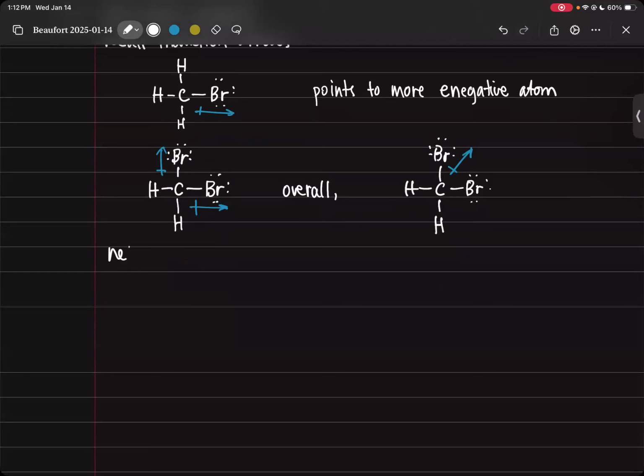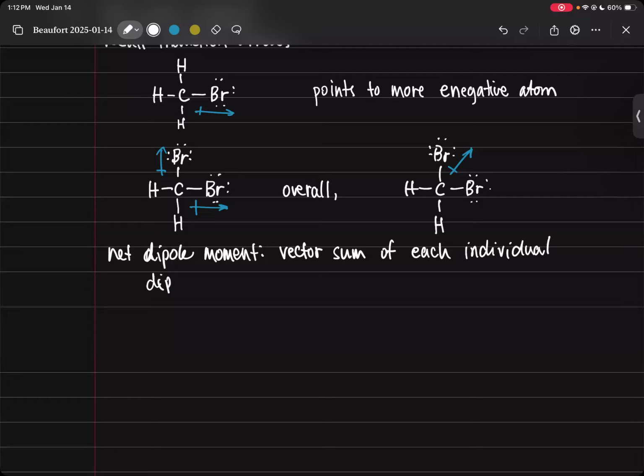So the net dipole moment is a vector sum of each individual dipole, or if you like, each individual induction arrow.